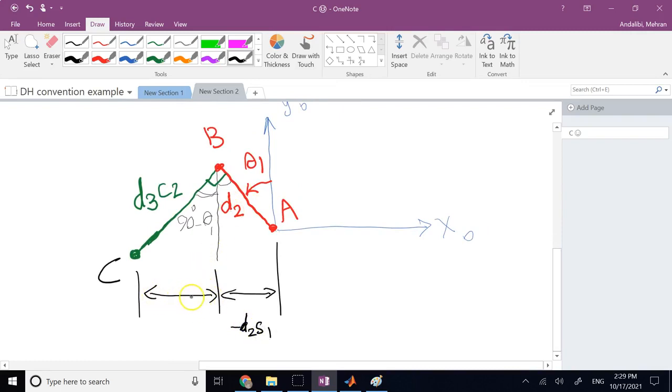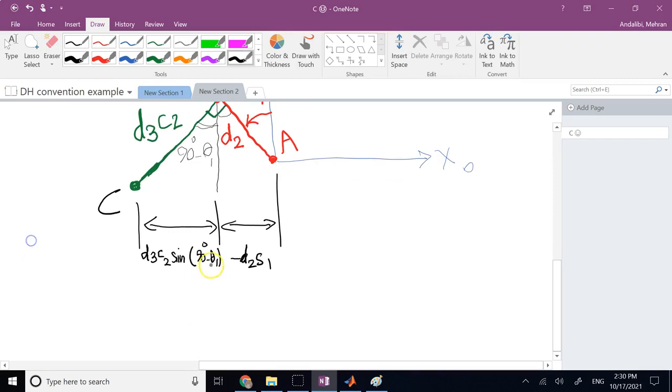And this distance here is d3 cosine theta 2 times sine of 90 degrees minus theta 1. And you know from trigs, sine of 90 minus the angle is cosine of the angle.